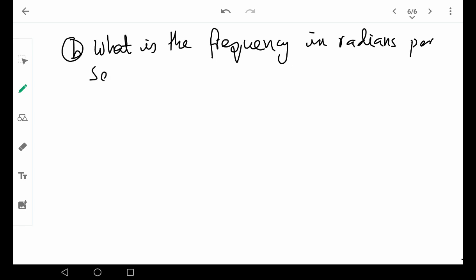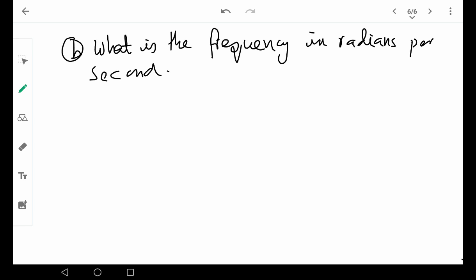What is the frequency in radians per second? See, the frequency in radians per second is the angular frequency, right?